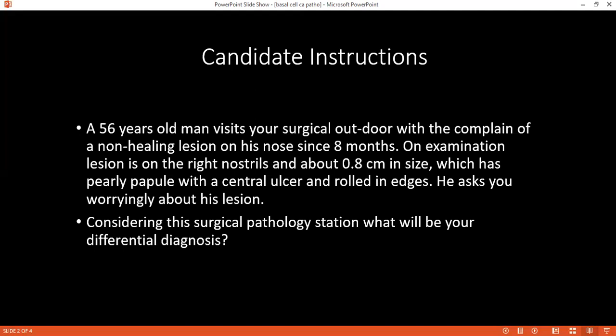Then we'll have to go for culture sensitivity, then start antibiotics according to the culture report or according to the local hospital guidelines, NHS trust guidelines, trust policy. If you've sent the culture and sensitivity for MRSA, what is MRSA wound infection?